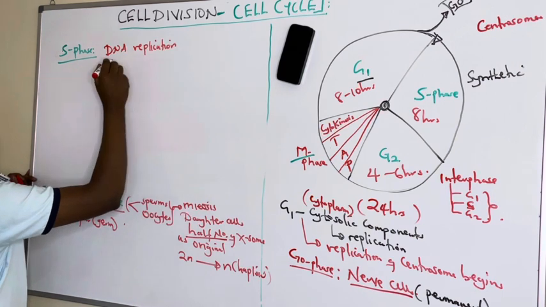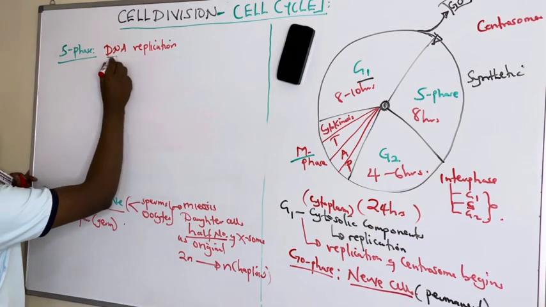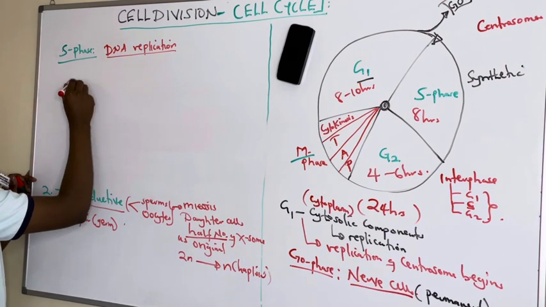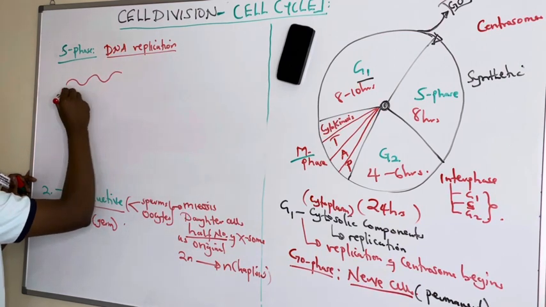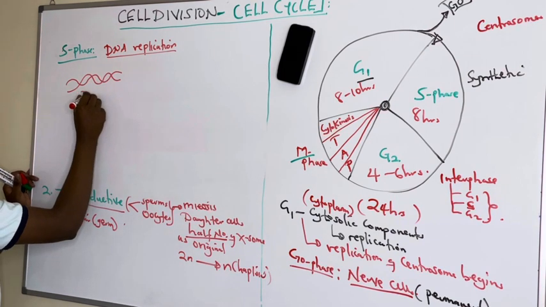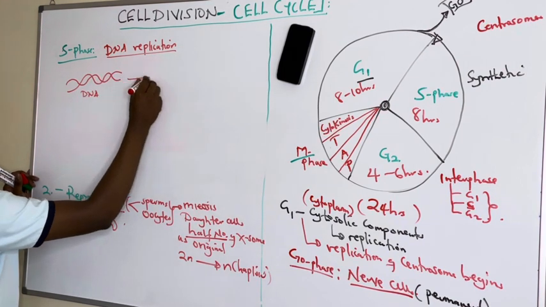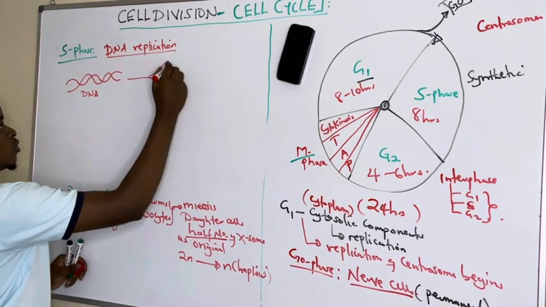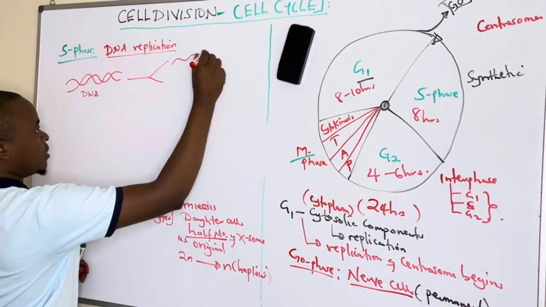So the major role of the S phase is DNA replication, in that if I have this as my DNA, we are going to see this parent DNA undergoing replication to produce 2 daughter DNA.